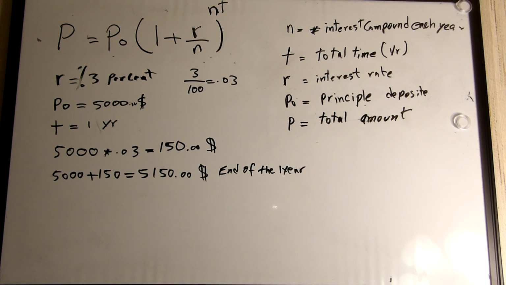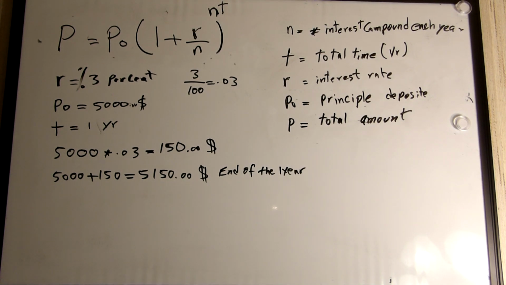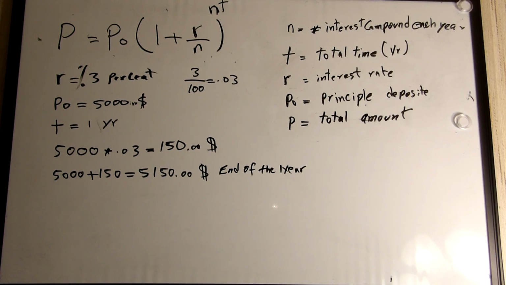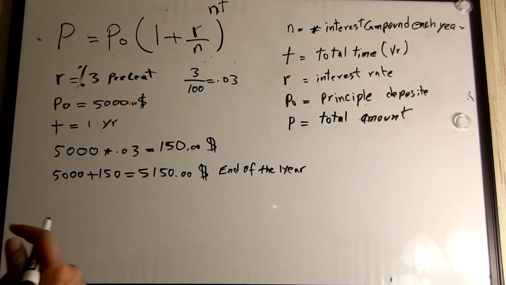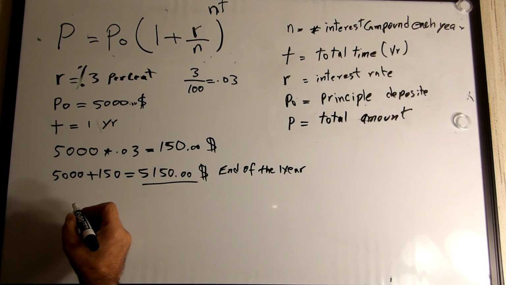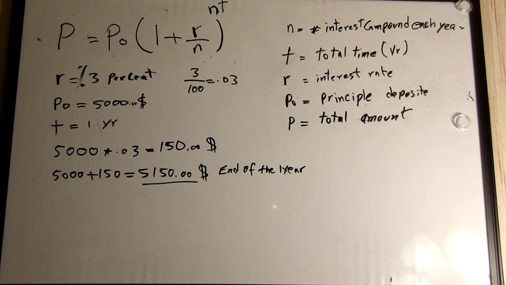and you want to see how much you are gonna have in the bank at the end of the 2 years. How much is going to be the amount of money after 2 years. Okay, so at the end of the 1 year, you got 5,150.